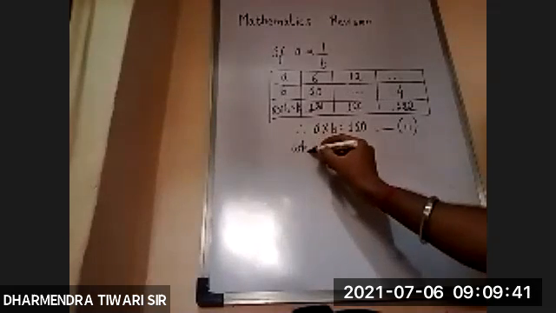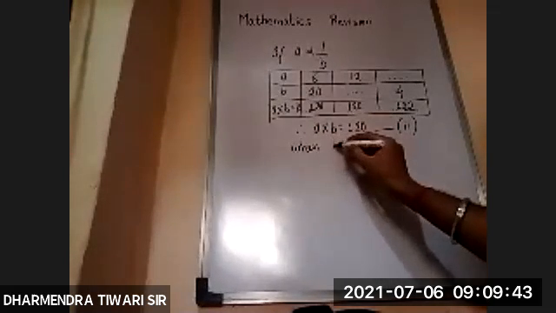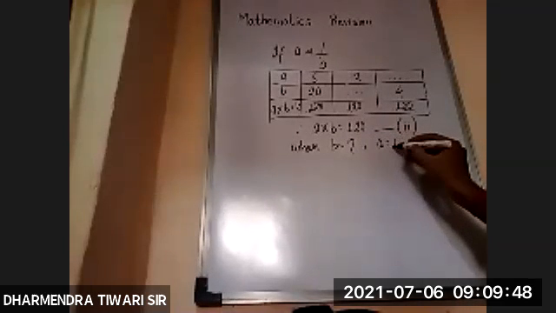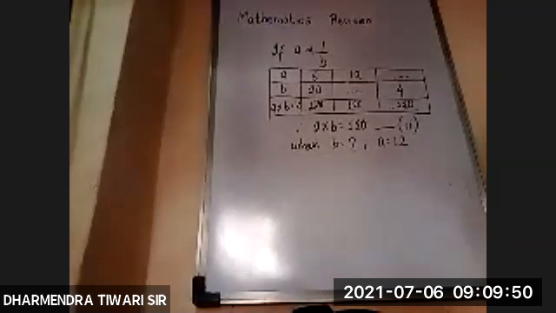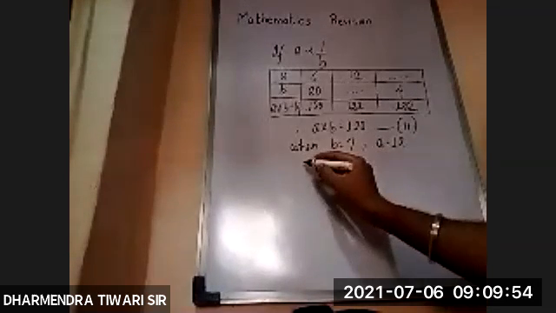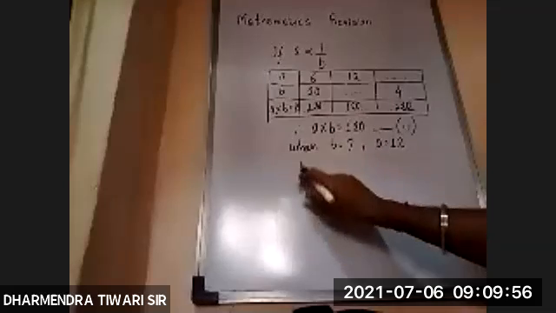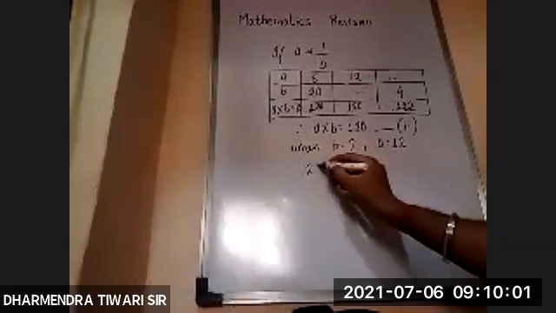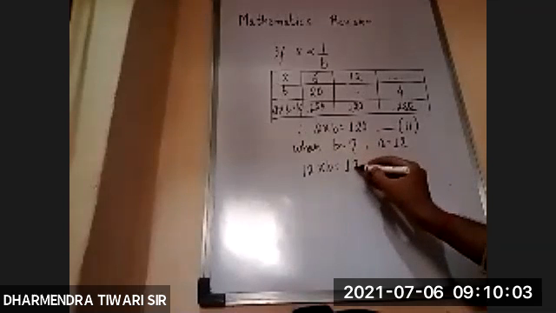Now when the value of B is not known to us, A is 12. So we need to get the value of B. We know the value of A as 12, so 12 into B is equal to 120.